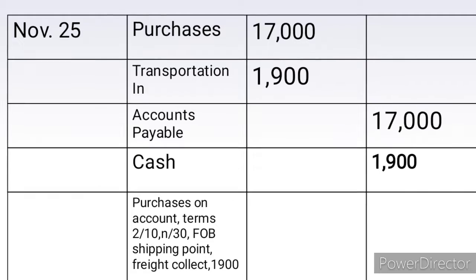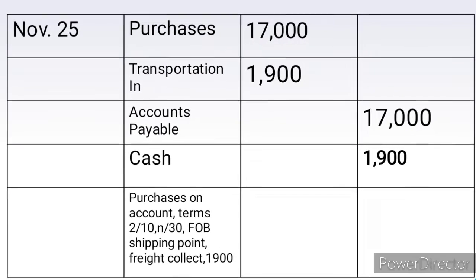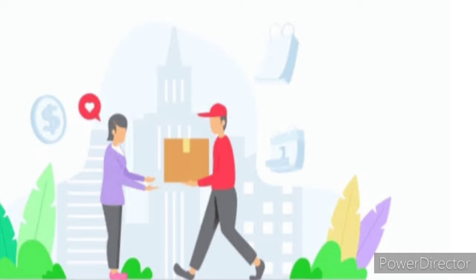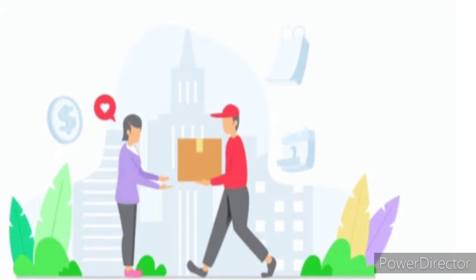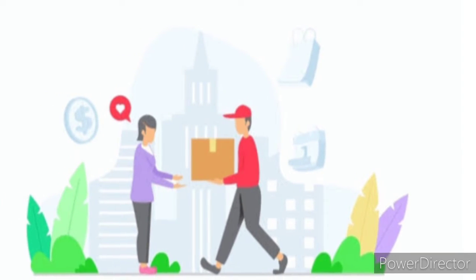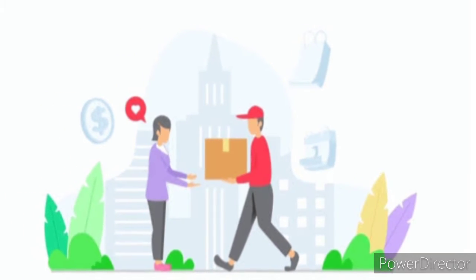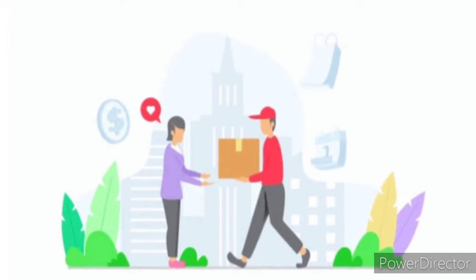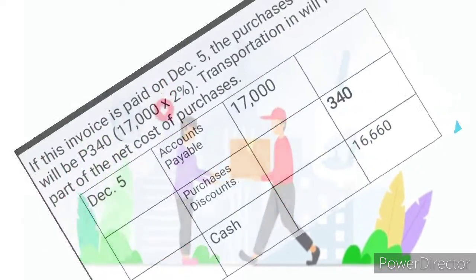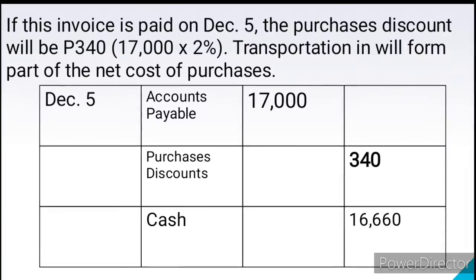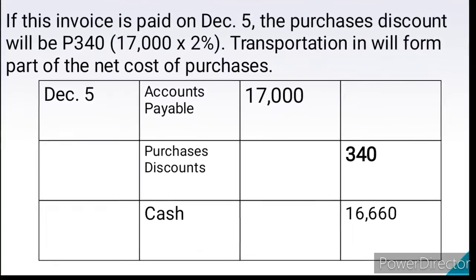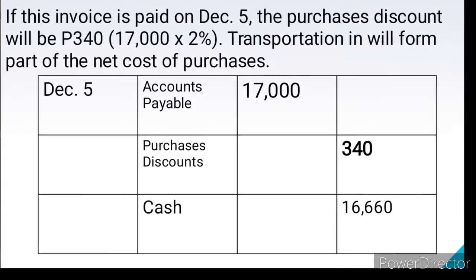There is a debit to the transportation in account since the shipping term provided that the buyer should be the one to pay or shoulder the transportation cost, as it states FOB shipping point. If this invoice is paid on December 5, the purchases discount will be 340 pesos.